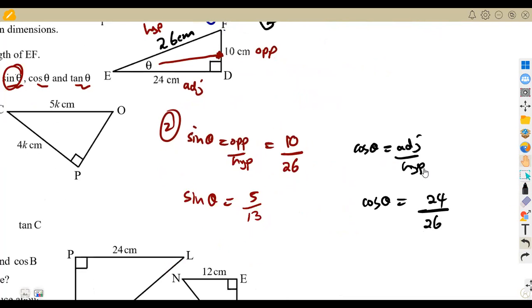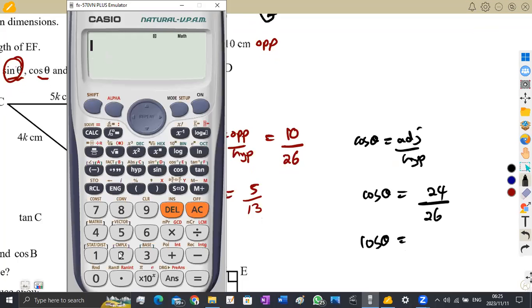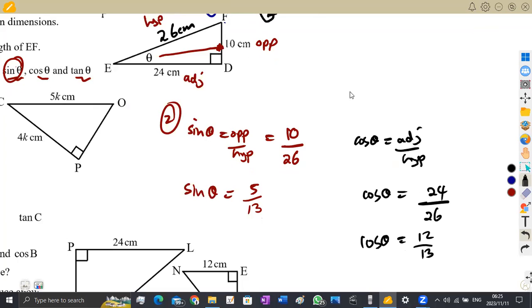So this is going to give us the value of cosine of theta, which you can write in simplest form. Again, just like the previous case, we can simplify 24 over 26, which is going to give us 12 over 13. So that's how you can have your values simplified.